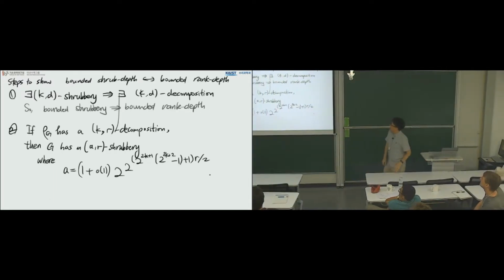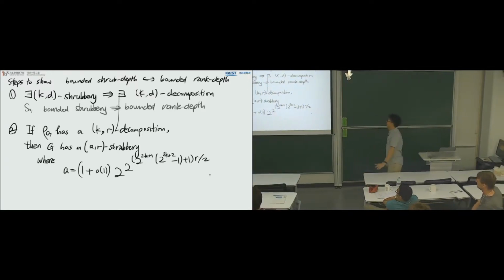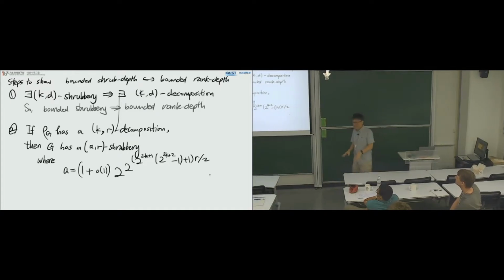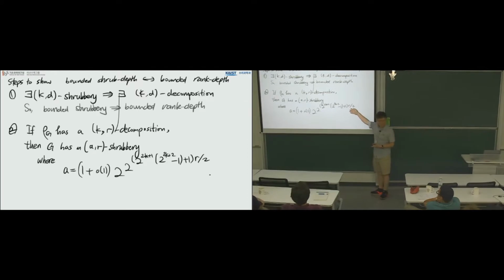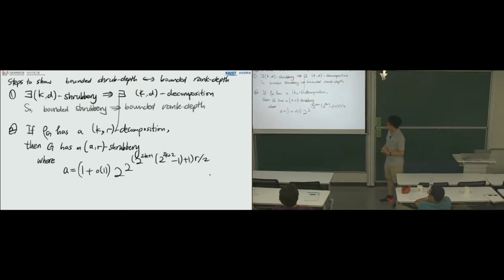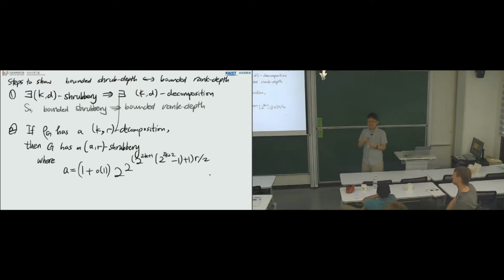we proved the following. If you have a KD shrubbery, then you have a KD decomposition. And if you have a KR decomposition, now this is the scary part, you can find an AR shrubbery. So you keep the same radius, but the number of colors you get is something like this, 2 to the 2 to the... The reason why we have this is that this is a bound related to the size of the universal graph.